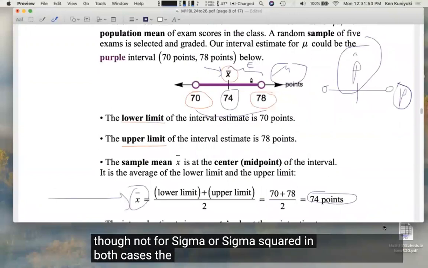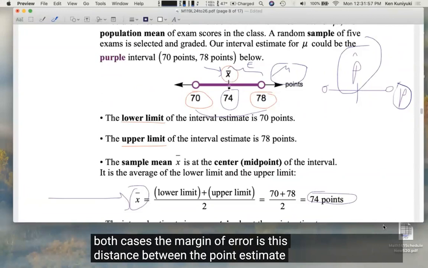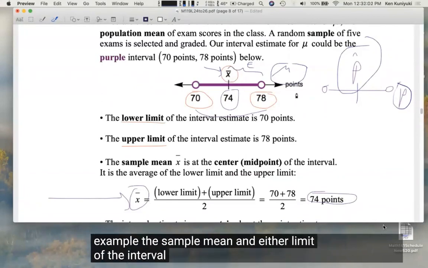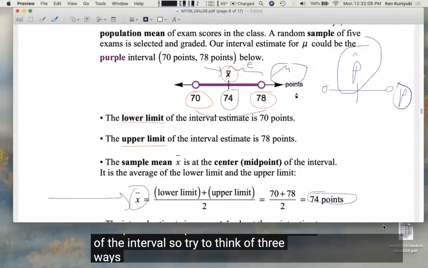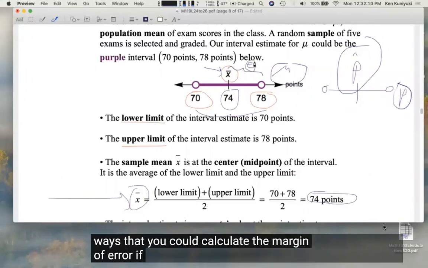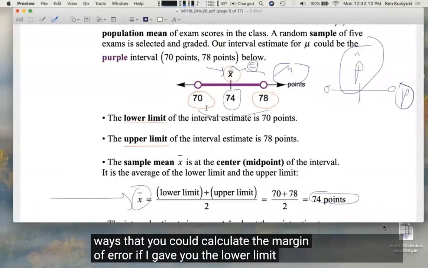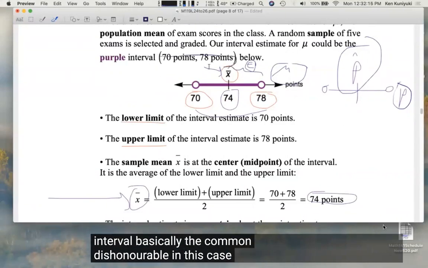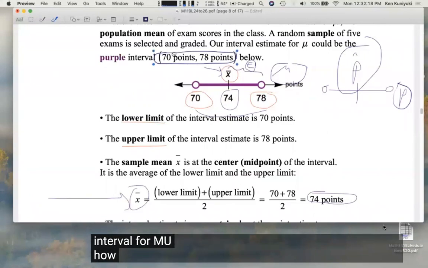In both cases, the margin of error is this distance between the point estimate, for example, the sample mean, and either limit of the interval. So try to think of 3 ways that you could calculate the margin of error. If I gave you the lower limit and the upper limit of a confidence interval, in this case, a confidence interval for mu, how could you calculate the margin of error?